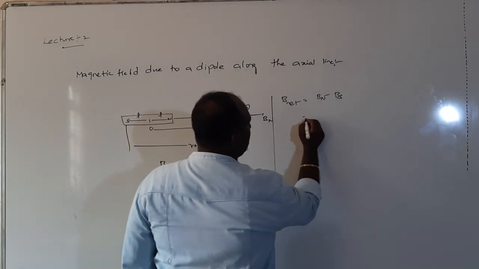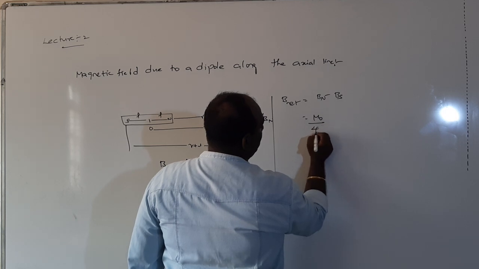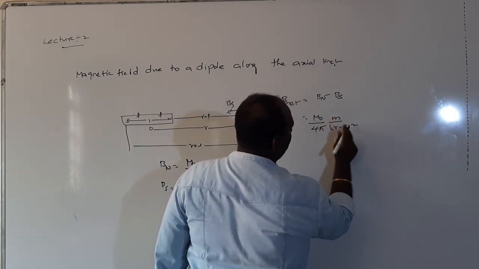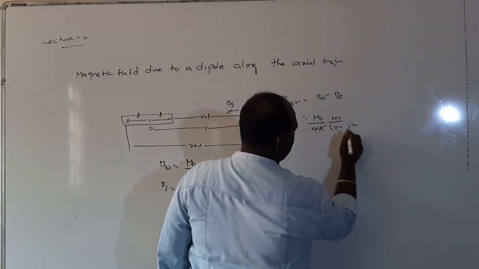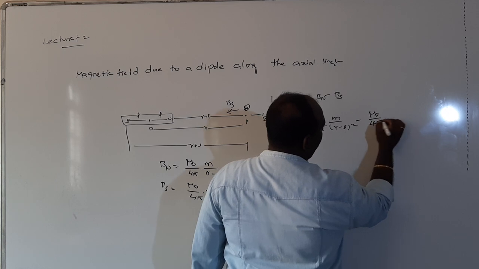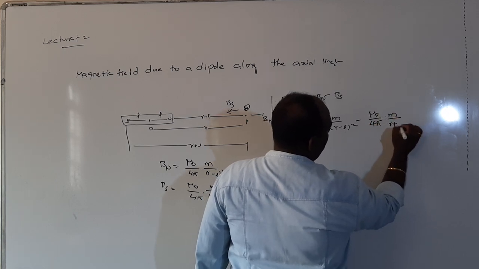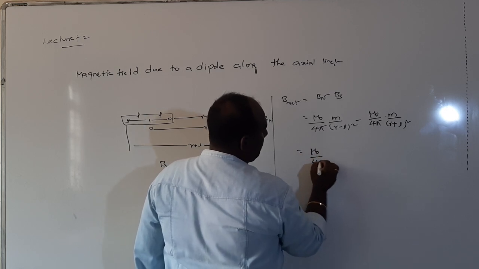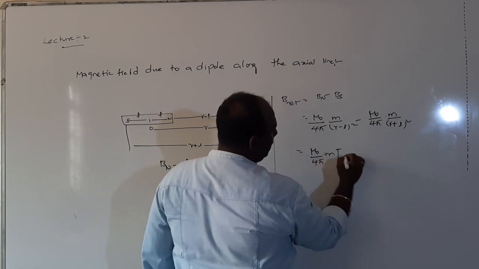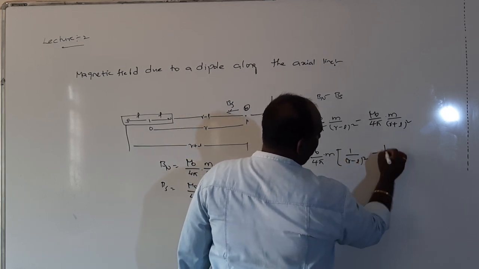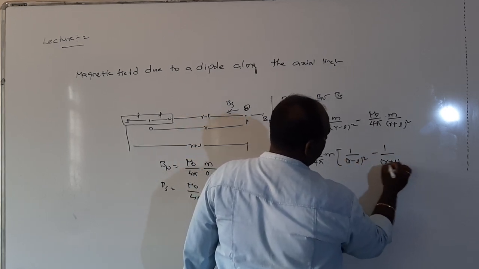Then if you take the common factor, mu naught by 4 pi m, we get 1 by (R minus L) whole square minus 1 by (R plus L) whole square.